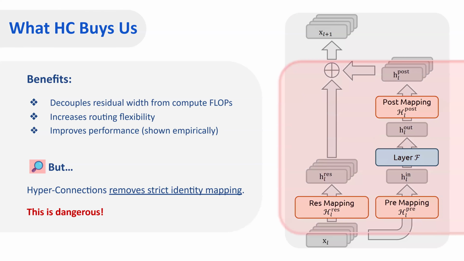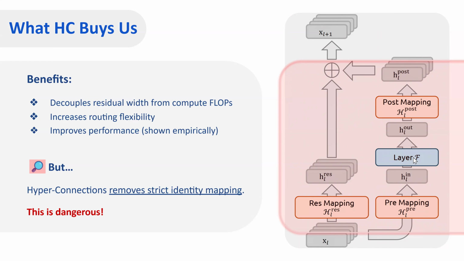And this architecture buys us some benefits. Firstly, it decouples residual width from compute FLOPs, floating-point operations, because we are doing all of these processes, but the most computationally complex part here is the same.